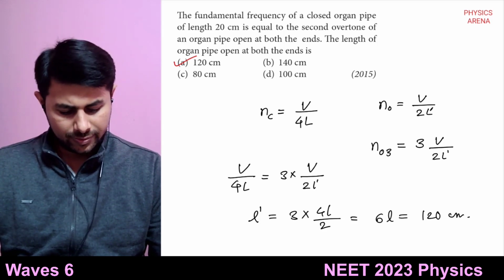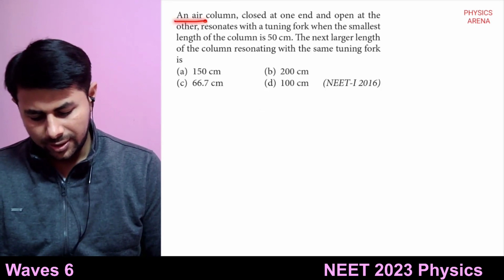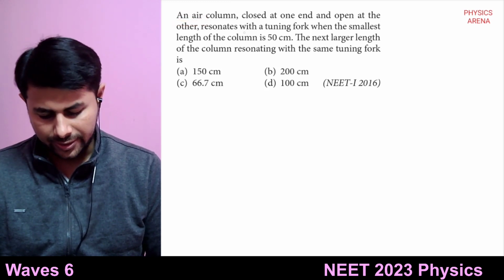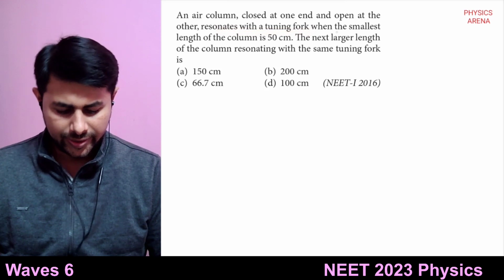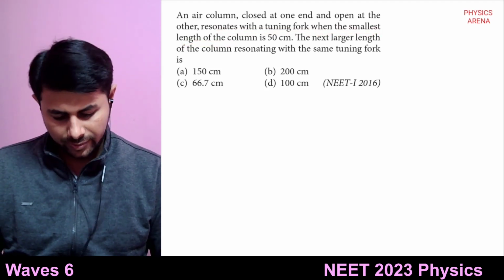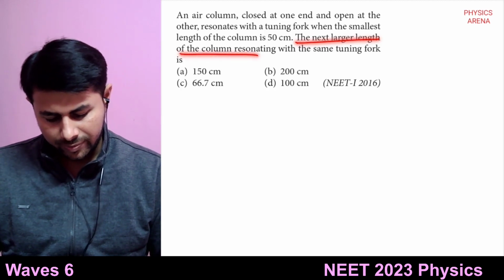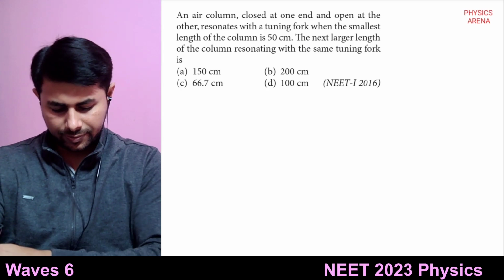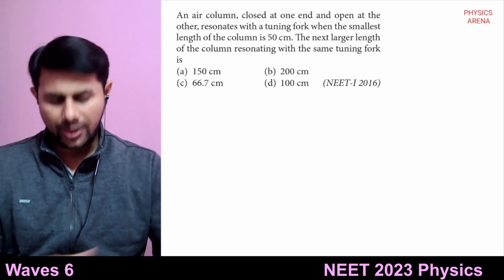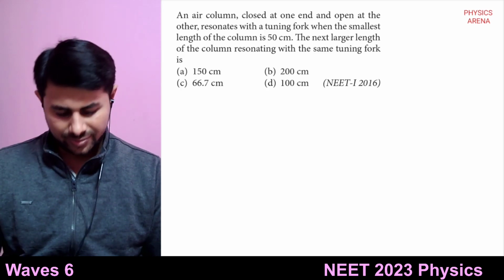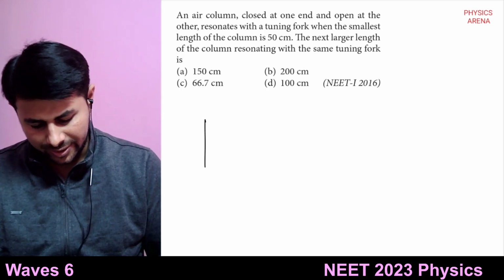Right. Very good. So see, next question. An air column closed at one end and open at the other resonates with a tuning fork when the smallest length of column is 50 centimeters. The next larger length of column resonating with the same tuning fork is... So you have a variable air column, an air column of variable length.